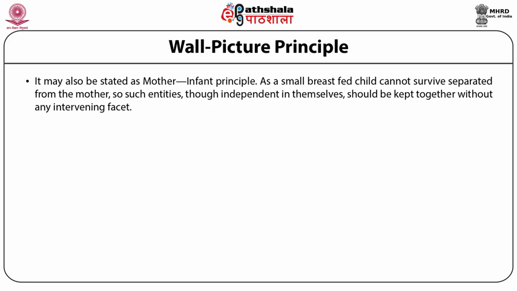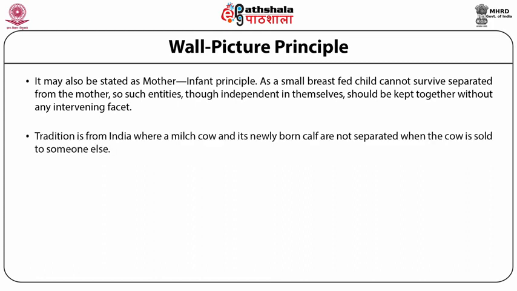So such entities, though independent in themselves, should be kept together without an intervening facet. The tradition is from India, where a milch cow and its newly born calf are not separated when the cow is sold to someone else. Both go together. Otherwise, the calf will not survive and the mother will not give milk.